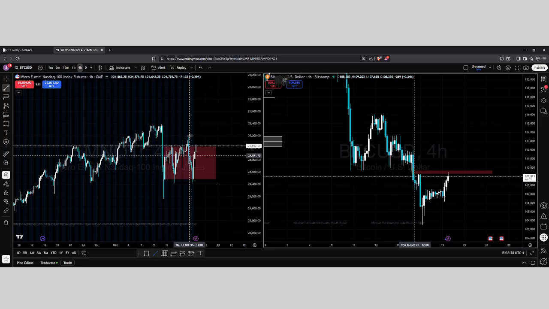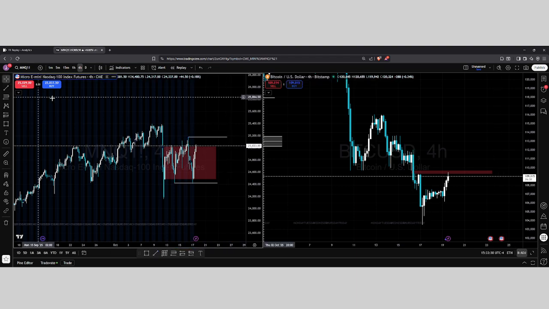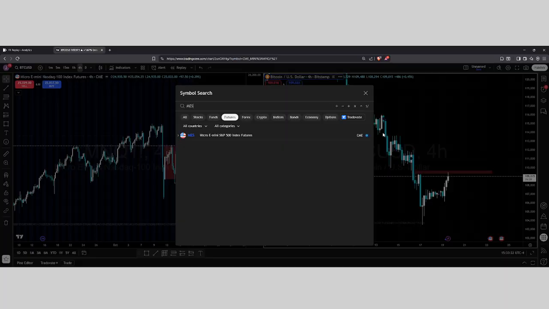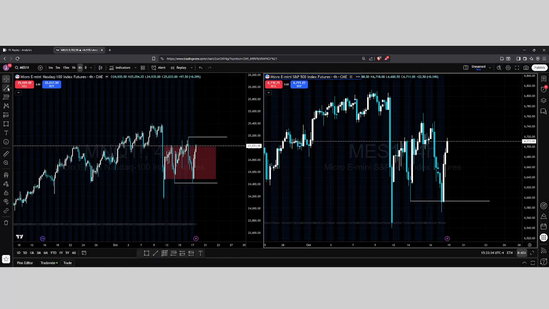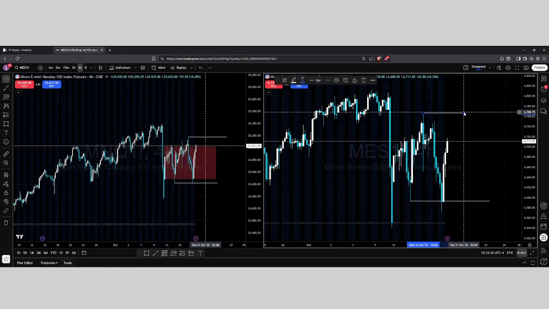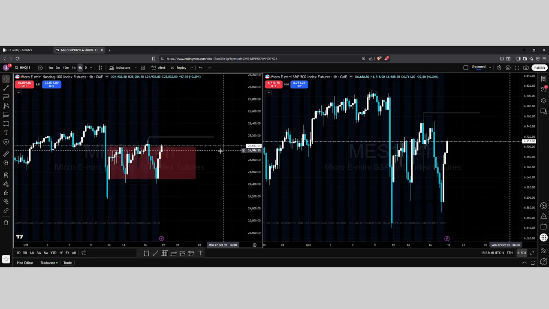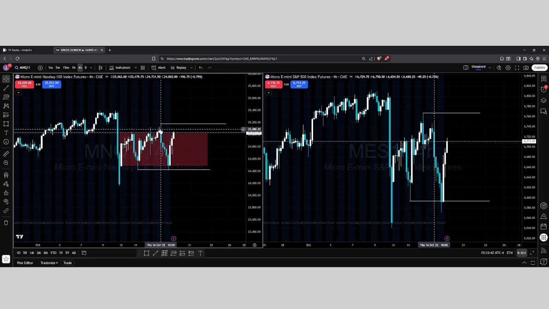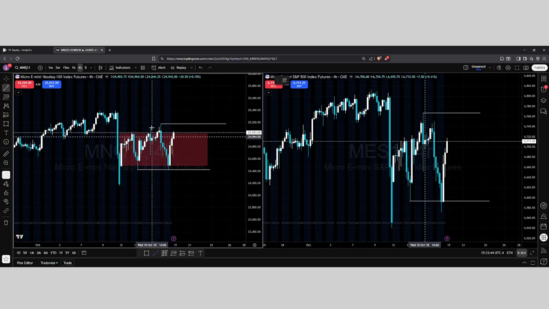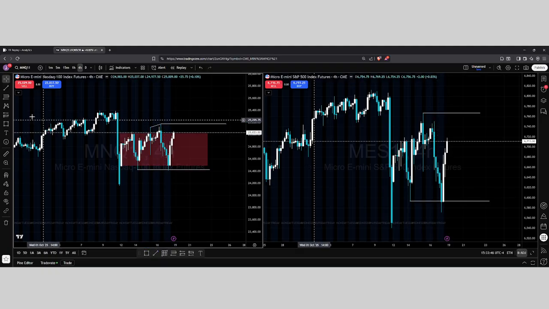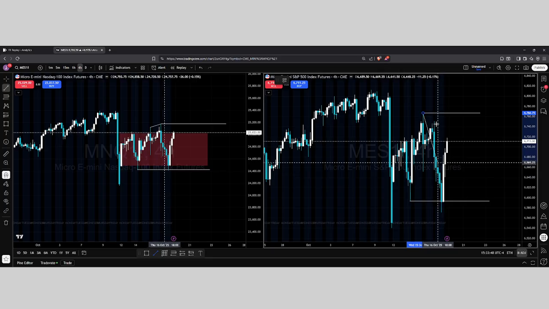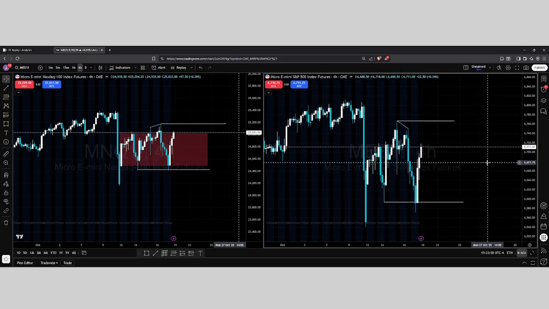Potentially. Obviously, the whole job is to adapt as we go. But these would be my targets because we have SMT at these highs. So we have SMT here, which shows interesting things.